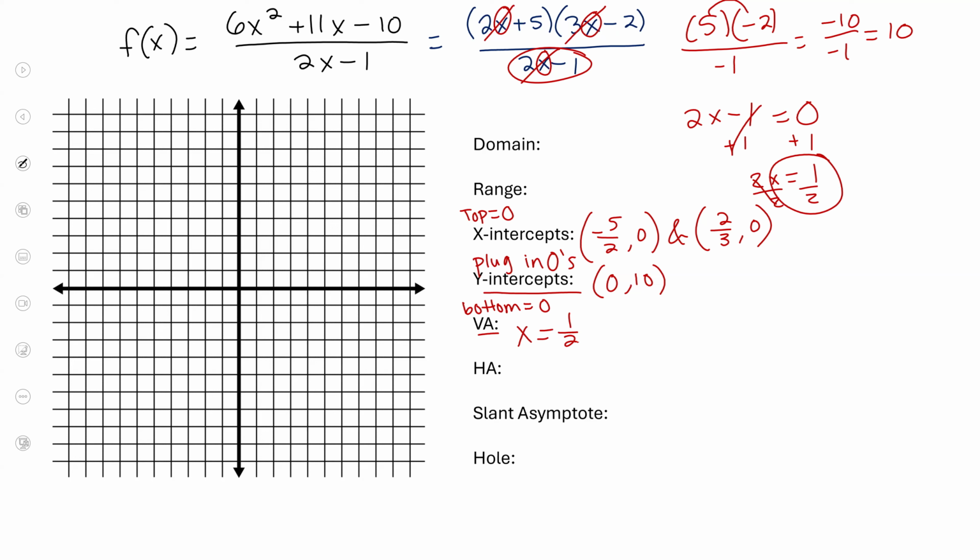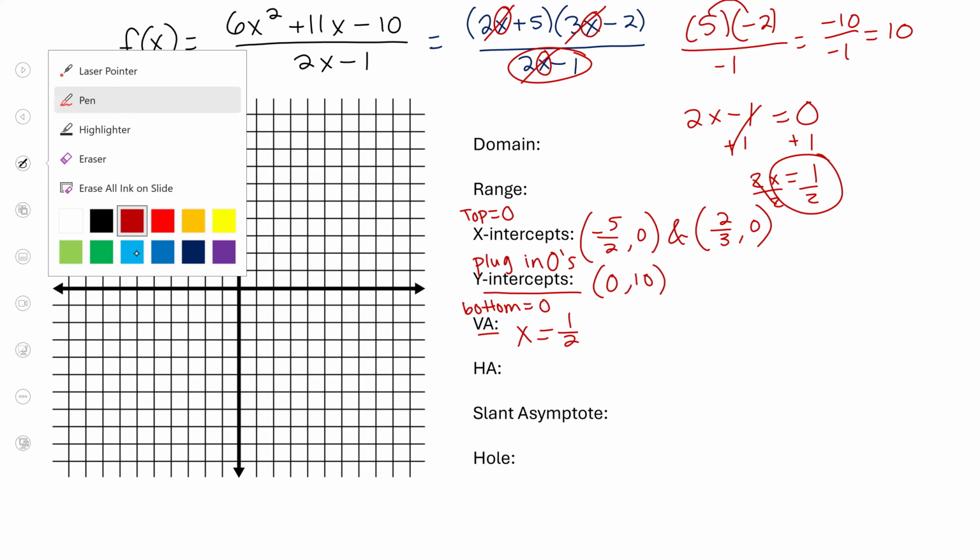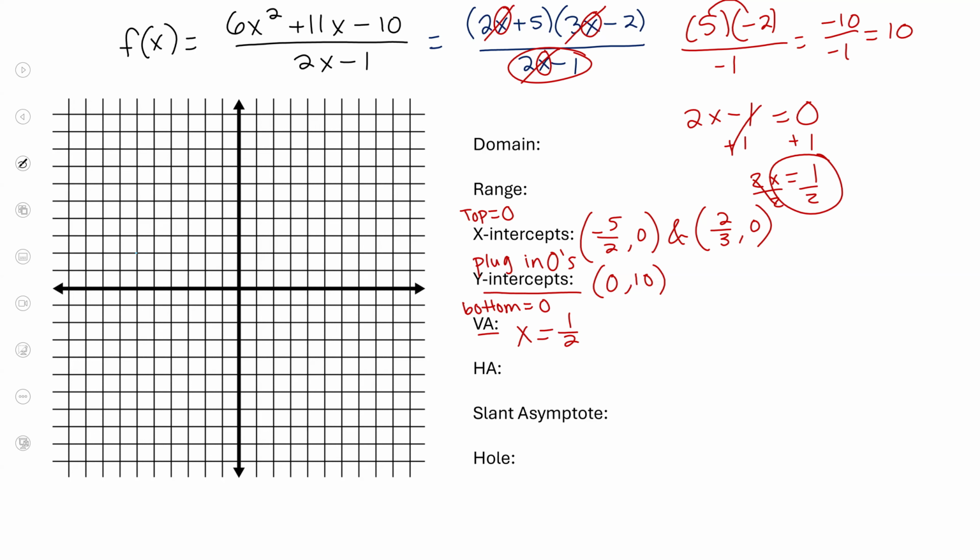I'm going to go ahead and plot those things on my graph. So I have a y-intercept at 10, 1, 2, 3, 4, 5, 6, 7, 8, 9, 10, right here. X-intercept at negative 5/2, that's right here. 2/3 is like 0.67. I'll put it right there.